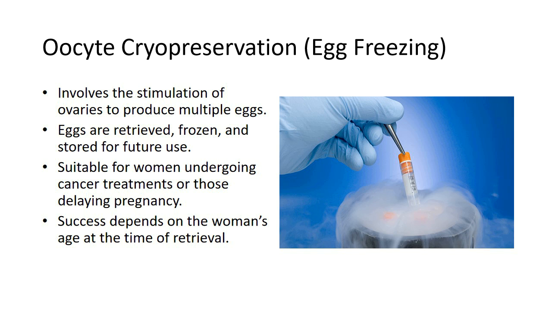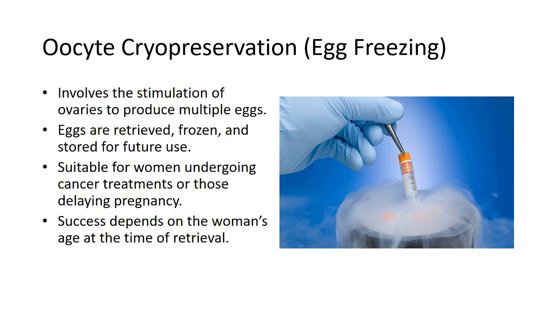Premature ovarian insufficiency, POI. Women diagnosed with early menopause or ovarian failure. Genetic disorders. Women with genetic conditions that may affect fertility. Career or personal decisions. Women who wish to delay childbearing due to career, education, or other personal reasons.